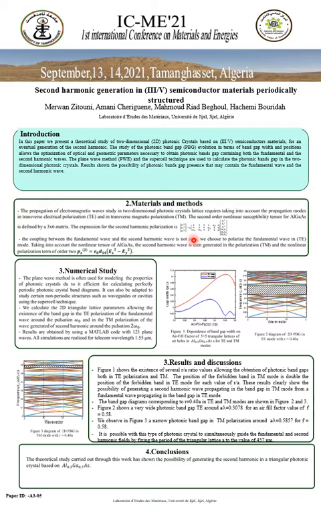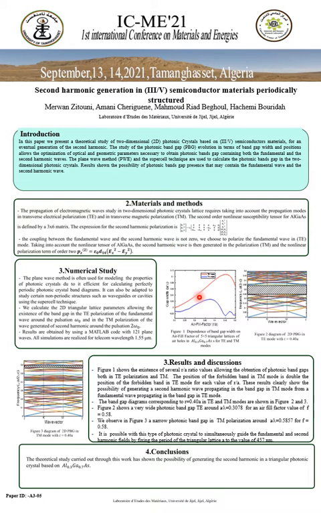We chose to polarize the fundamental wave in TE mode, taking into account the nonlinear tensor of aluminium gallium arsenide. The second harmonic wave is then generated in the polarization TM, and the nonlinear polarization term of order 2 is done.